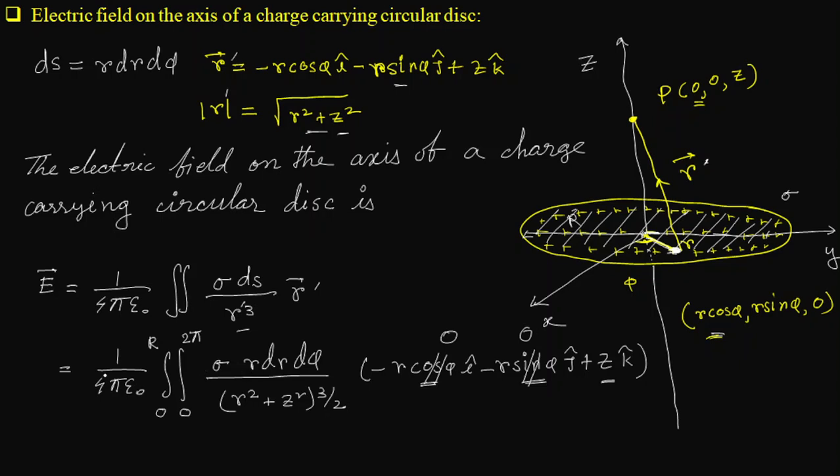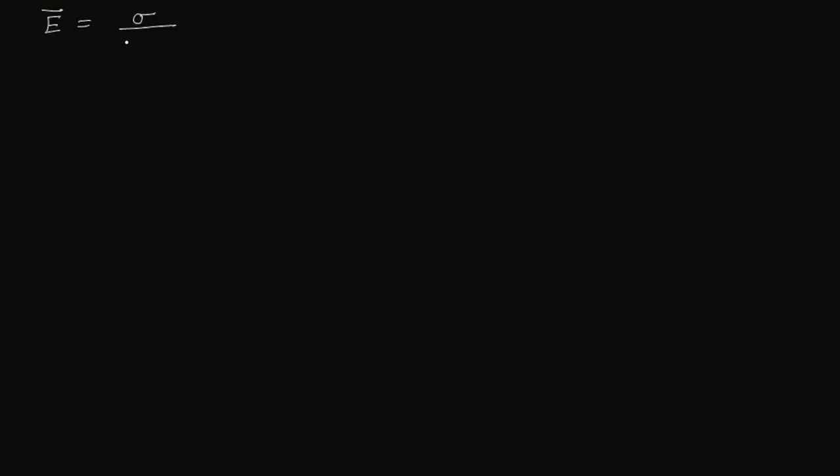So E will finally be sigma divided by 4 pi epsilon naught, taking sigma outside, and then we have to do the integration 0 to R, 0 to 2 pi, r dr d phi.